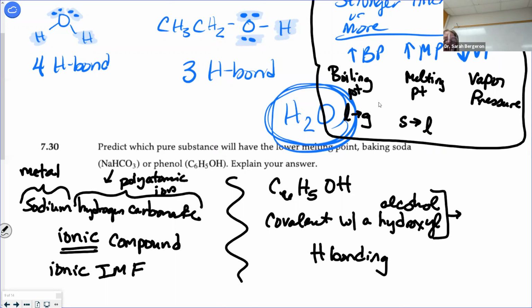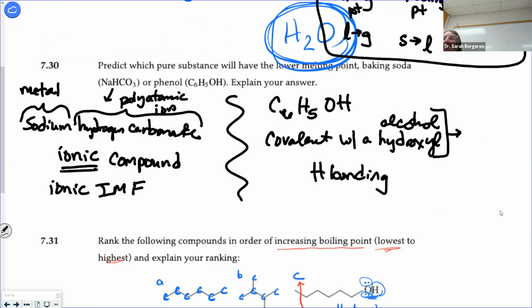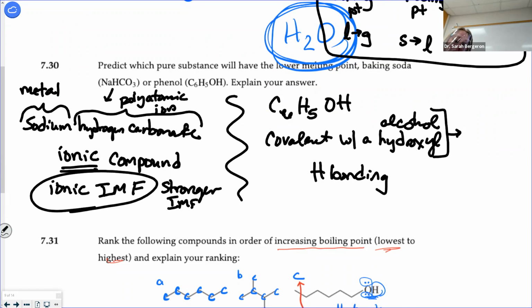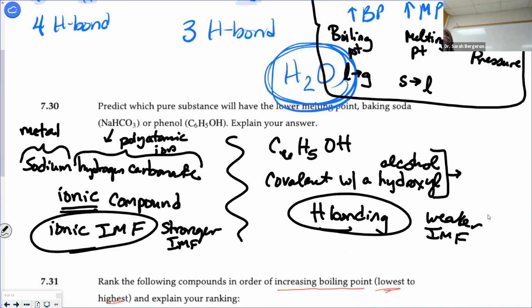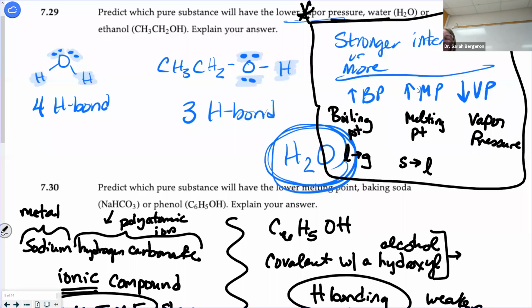So which one is stronger? Which one has the stronger interaction? Ionic. This is stronger intermolecular force. This is weaker intermolecular force. Okay, but that's not what the question asks. It says predict which pure substance will have the lower melting point. So come up here. Melting point, right? The stronger the interaction, the higher the melting point.